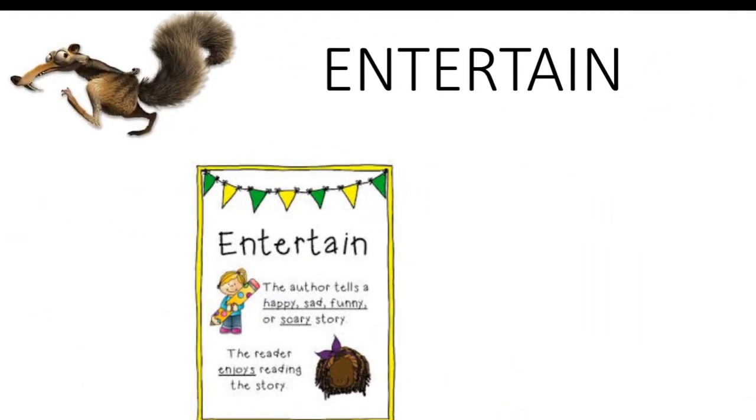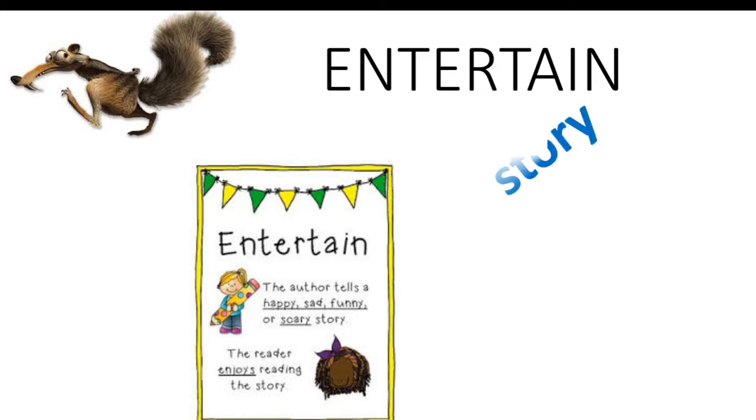And the last one is to entertain. If the story is nice, funny, scary, sometimes sad, the author is trying to entertain us with that story. The reader reads the story just because he enjoys reading it.